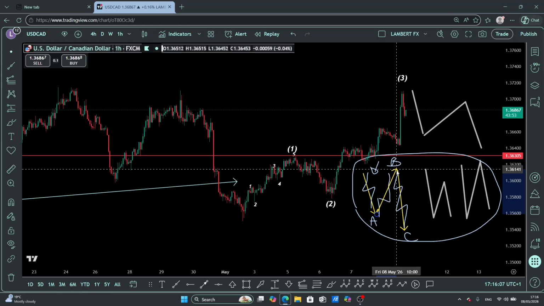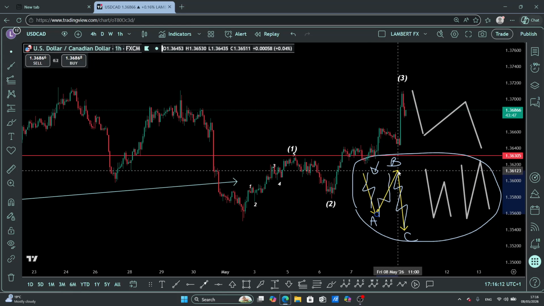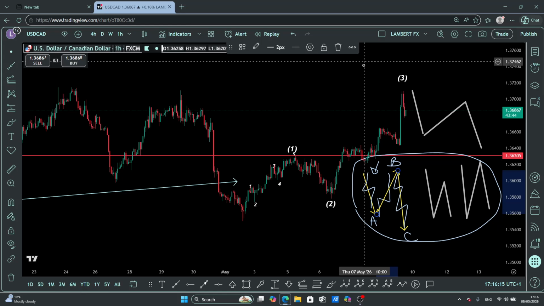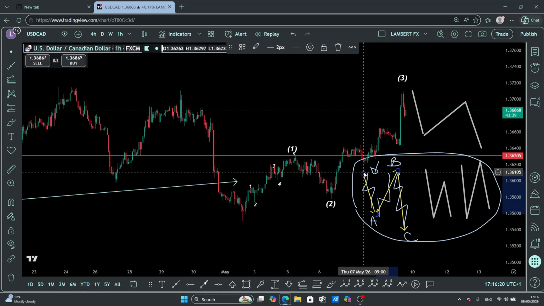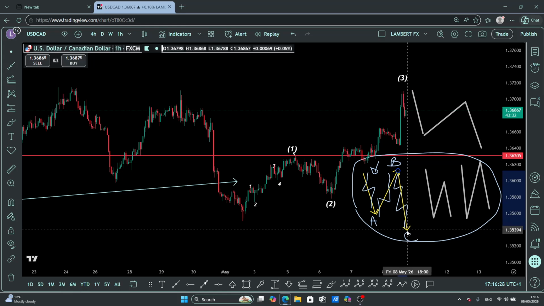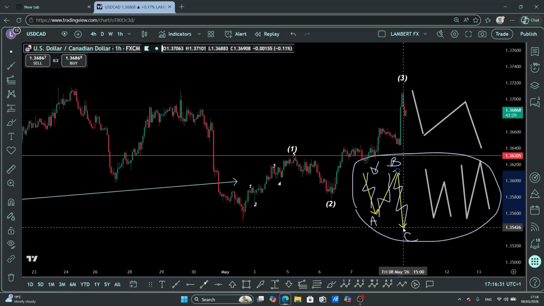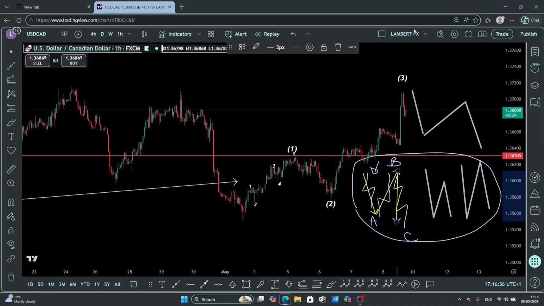Usually it is a 1.236 fib extension of your A. And then your C leg must go below A. So this is your expanded flat. That is the characteristics of your expanded flat.